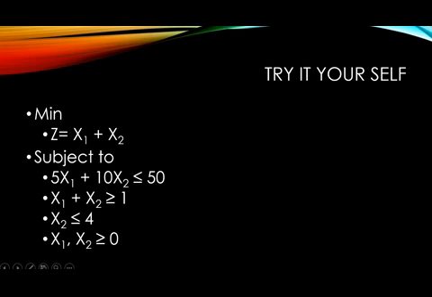When you have a constraint x2 less than equal to 4, it is nothing but 0 plus x2 less than equal to 4. So you will get a horizontal line for this constraint, because I am considering x2.